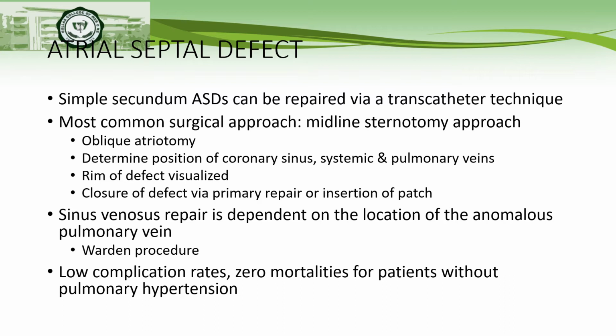Simple secundum ASDs can be repaired via a transcatheter technique, and assessment for transcatheter closure with TTE or transthoracic echocardiography is generally indicated prior to consideration of a surgical repair. The most common surgical approach requires a standard cardiopulmonary bypass or CPB technique through a midline sternotomy approach.